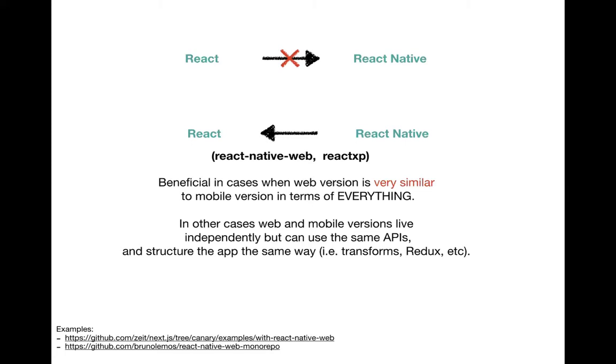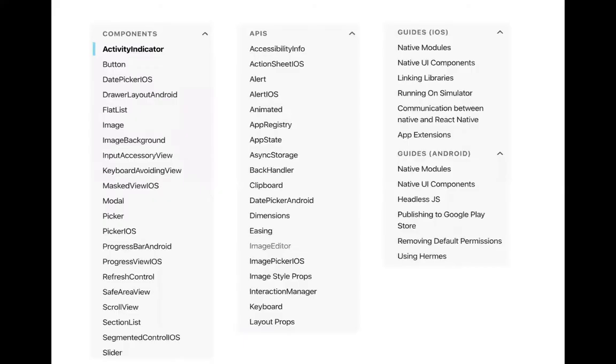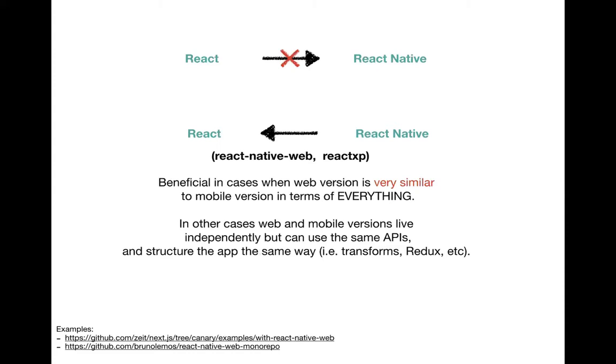We can't compile our React DOM application into React Native. But the interesting thing that we can do it in the opposite direction. We can teach React Native how to translate these abstractions like safe area view or text or style sheets into web, back to web. And there are libraries that help do this.